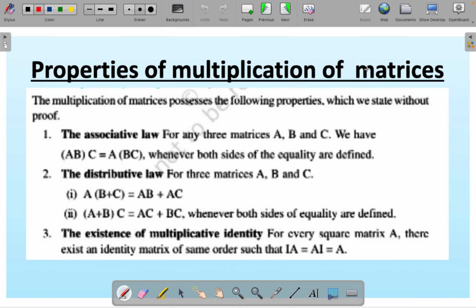Properties of multiplication of matrices. You have already learned that the commutative law does not hold, A dot B is not equal to B dot A, but the associative law holds true. That means if you have three matrices A, B, C, you first multiply A and B and then multiply the result with C, or first multiply B and C and then multiply A with that, the answer will be the same. So A into B into C or A dot BC, the order will not matter. But obviously if you change the position, like AB into C and BC into A, this will not be equal, right children?